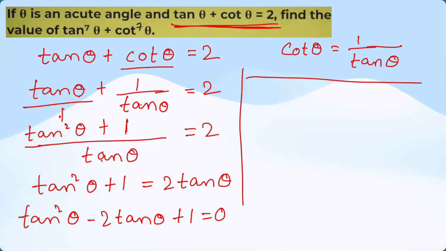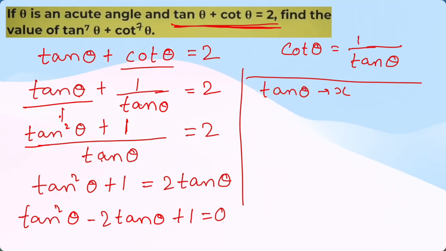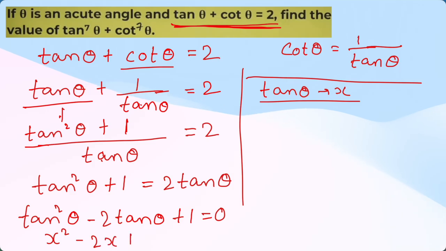If you try to see this, isn't it a quadratic equation? If I consider tan theta as x, so it will be x square minus 2x plus 1 equals to 0. How to solve this? How to solve the quadratic equation? Very good. The multiplication should be 1 and the sum should be minus 2.